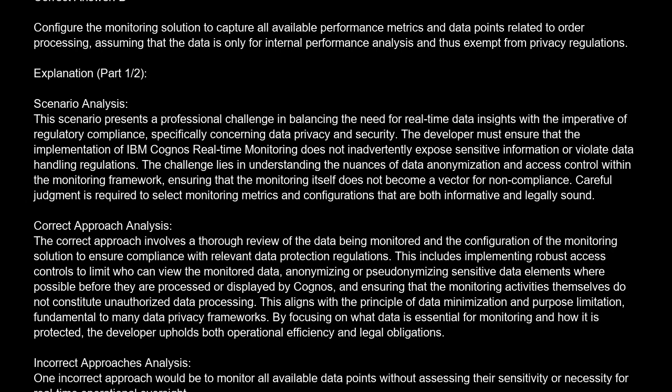This aligns with the principle of data minimization and purpose limitation, fundamental to many data privacy frameworks. By focusing on what data is essential for monitoring and how it is protected, the developer upholds both operational efficiency and legal obligations.